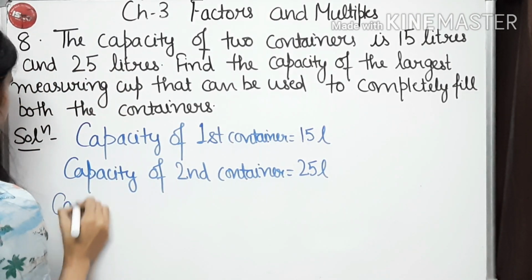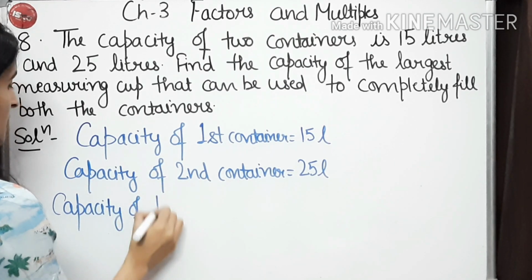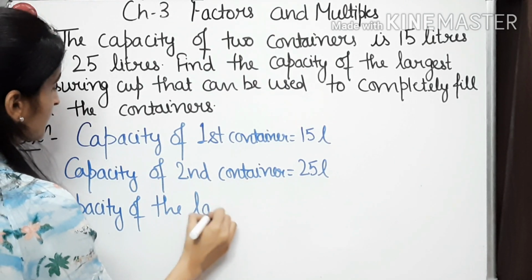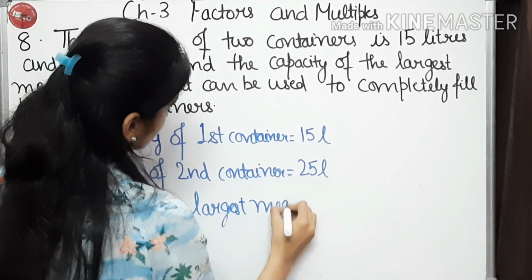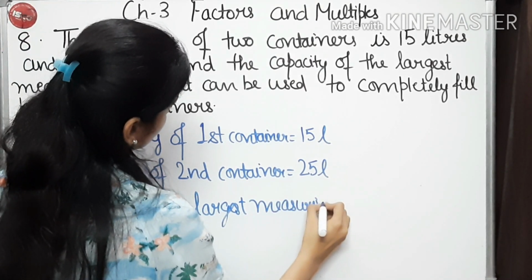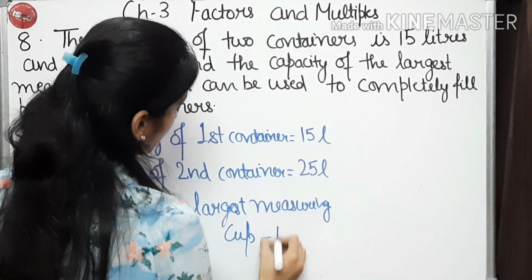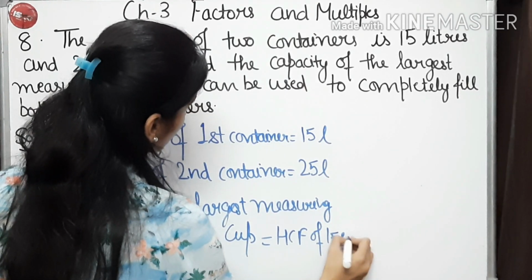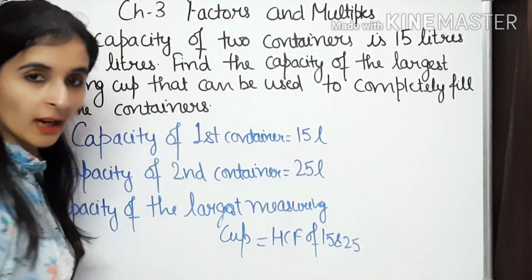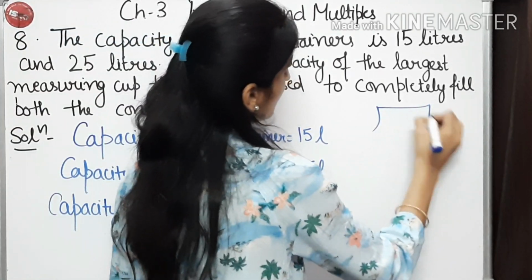Now the capacity of the largest measuring cup will be equal to HCF of 15 and 25. So I am going to find out the HCF here.